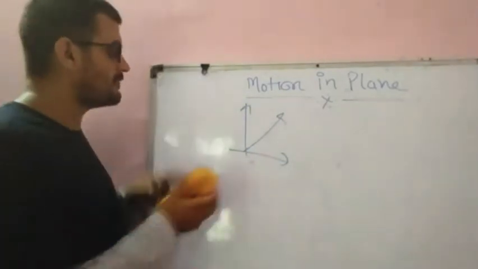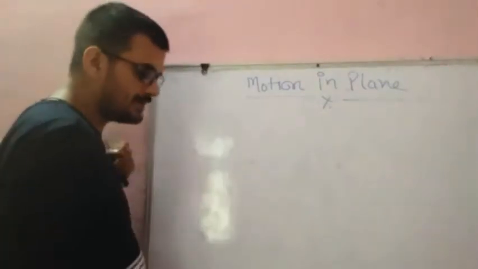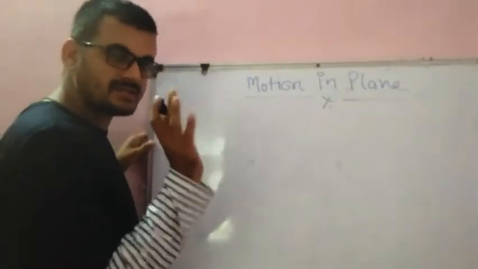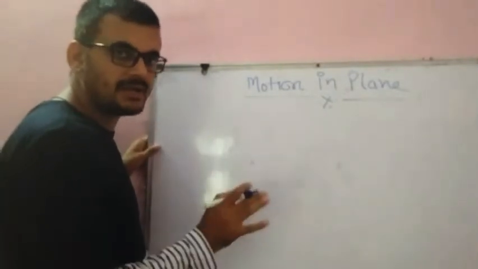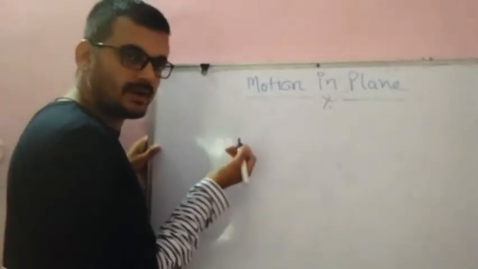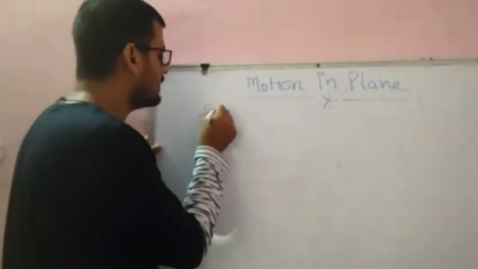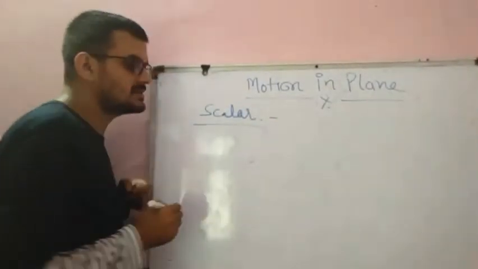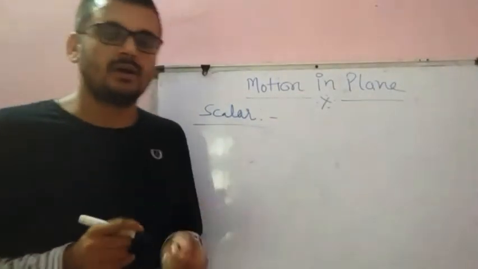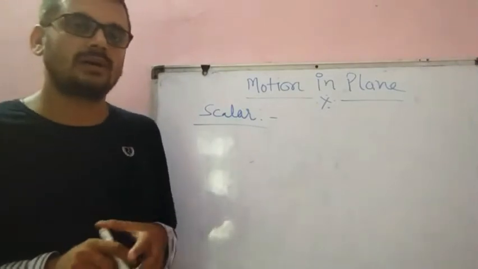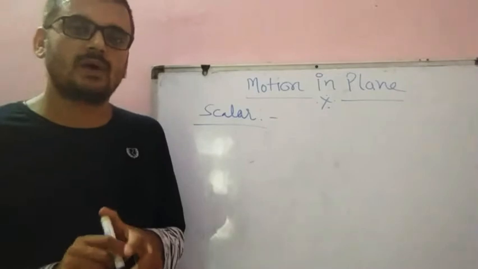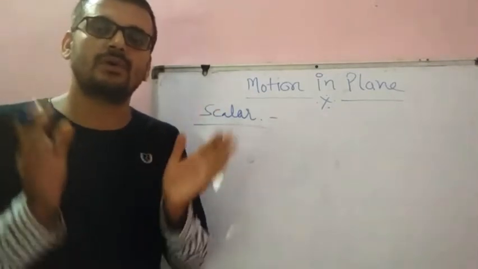So the first topic for this chapter is physical quantity. We have already discussed what is the meaning of physical quantity. Now, types of physical quantity means scalar and vector quantity. First we will discuss the scalar quantity. I think you all know the meaning of scalar quantity. Scalar quantities are those quantities which require magnitude only.